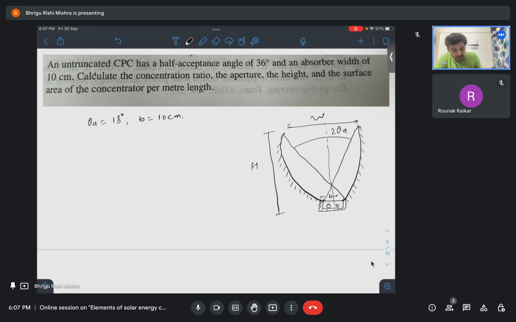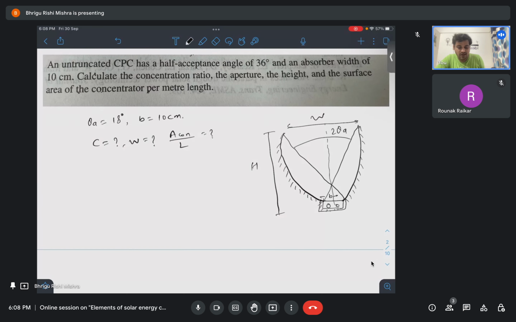That means we need C, W, H and surface area of the concentrator per meter length, that means A con by L. So these three things we need to calculate based on the data given for this untruncated CPC.